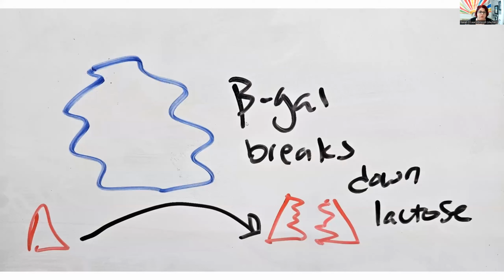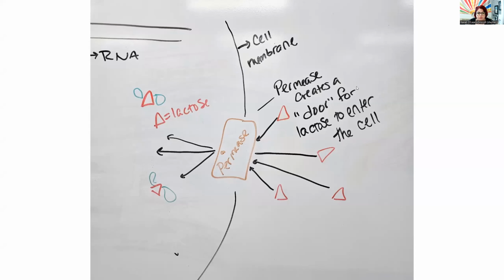So beta-gal, if you recall, its job is to break down lactose. And lactose breaks down into glucose and galactose. So its main job is to start the metabolism process by cutting lactose apart. Permease, like I mentioned, is a door for lactose to enter the cell.